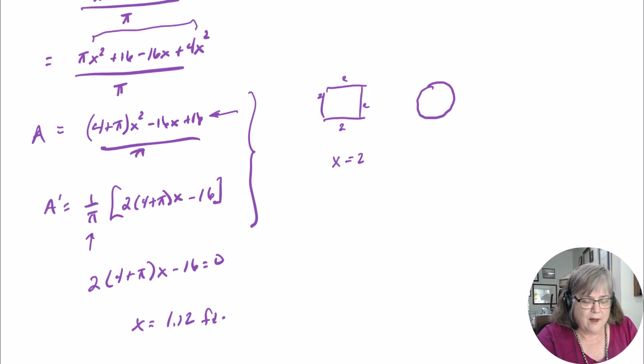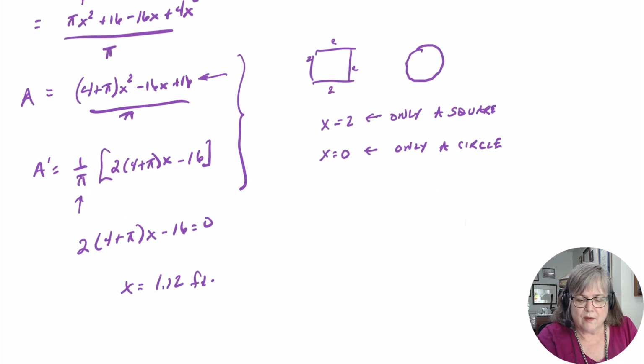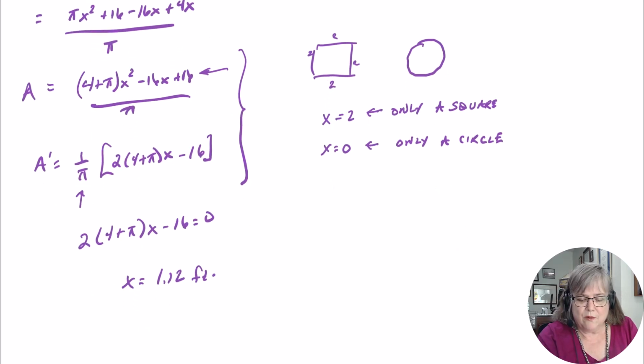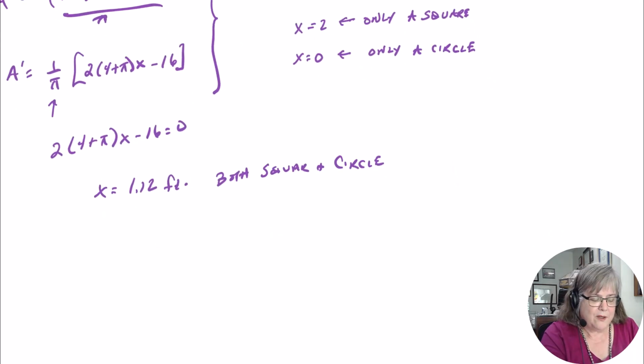Or you could make x be 0. And if x was 0, then you would not have a square at all and you would have only a circle. So if x is 2, you have only a square. If x is 0, you have only a circle. And if x is 1.12, then you have both a square and a circle. Now, let's talk about what the area would be for each one.